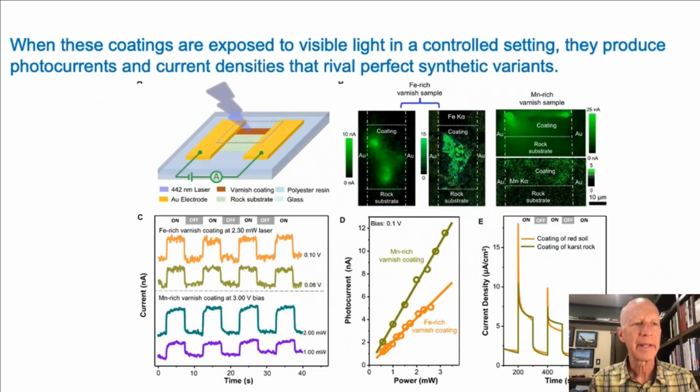When you look at the photochemistry of these layers or these films, you can take a film out, or you can very carefully remove films from rocks, at least small pieces of them, and you can put them between gold electrodes in a lab and study their electronics as you shine light that simulates sunlight on them.